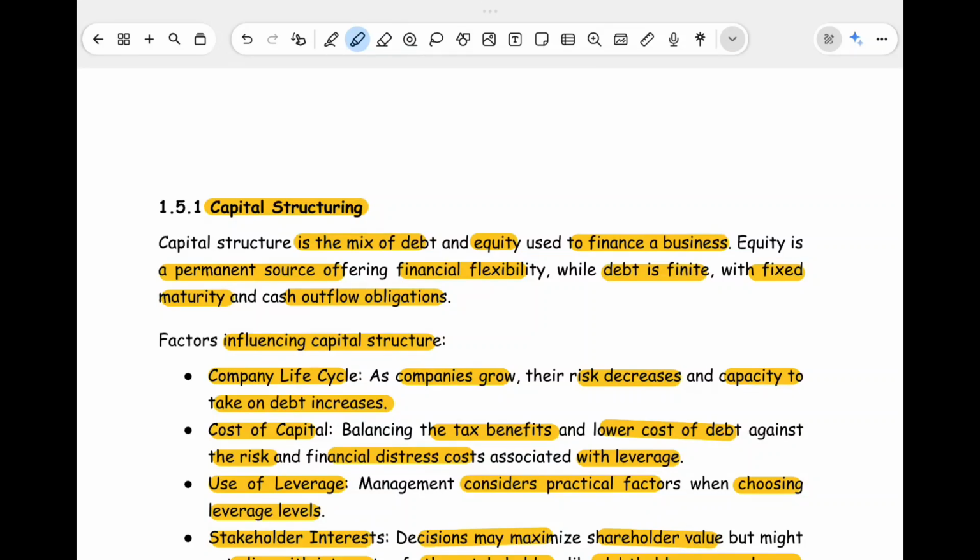Do not try to mug up these things, because these are very general, day-to-day terms that we are going to face in our real life as well. And if you undergo practical training, you will easily relate these terminologies in your day-to-day training period as well.